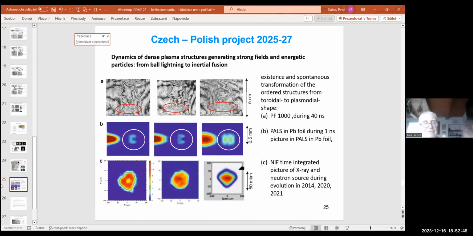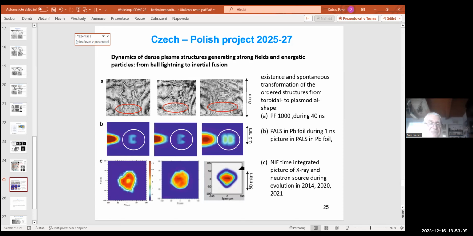Now, in this case, I only mention the Czech Polish project, which we uploaded this week. Its name is Dynamics of Dense Plasma Structures Generating Strong Fields and Energetic Particles from Ball Lightning to Inertial Fusion.